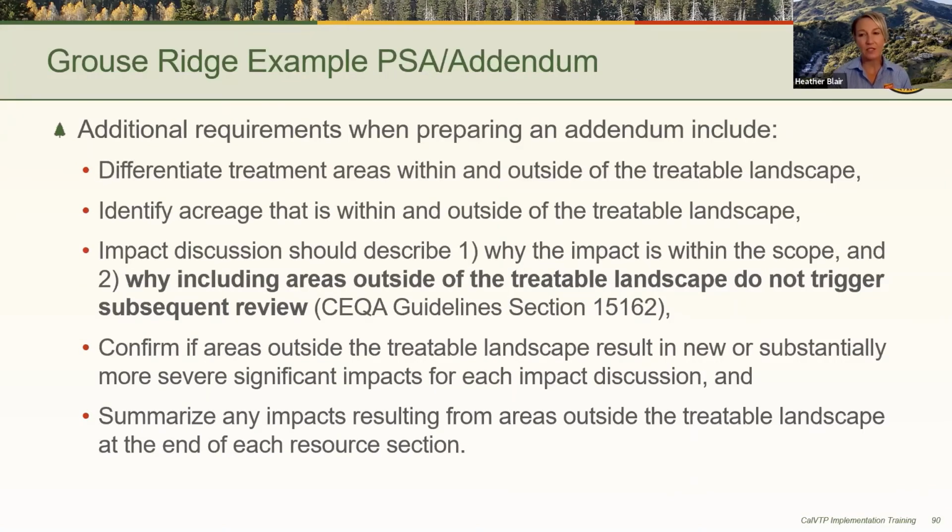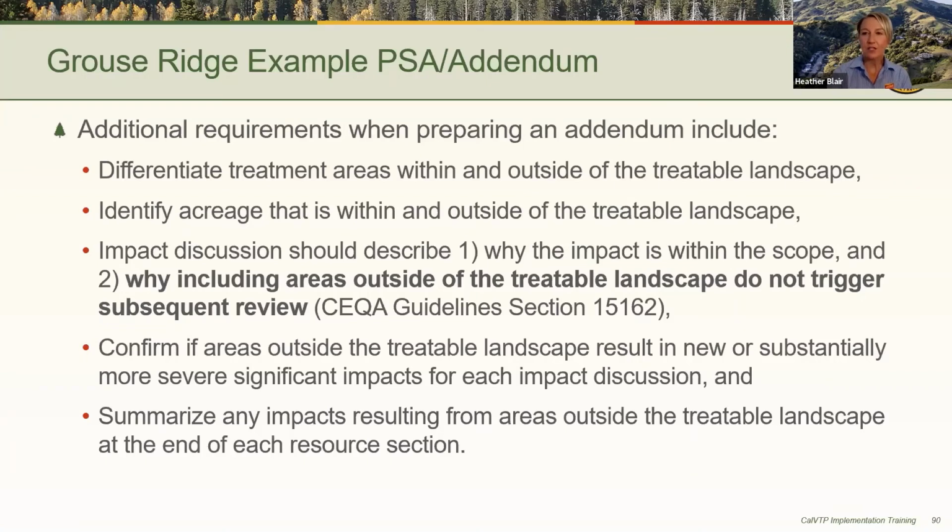So in comparison to the within the scope findings that are documented using a PSA, an addendum should also include a differentiation of the treatment areas that are within and outside of the treatable landscape. This could be done on a map, which I showed in the previous slide, as well as identifying the acreage that is within and the acreage that is outside of the treatable landscape.